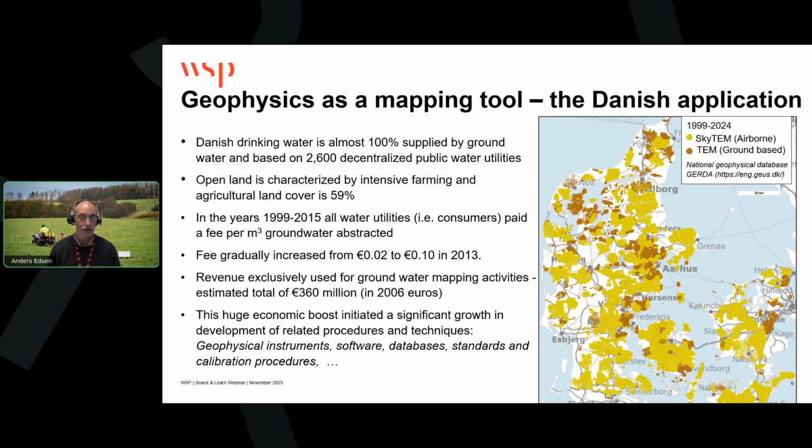Also, standards and calibration procedures were put out. And the map you see to the right is a comprehensive picture of the SkyTEM and ground-based TEM that was collected not only in this period but until last year. So it's a pretty large part of the country actually being mapped by geophysical methods since the beginning of this century.